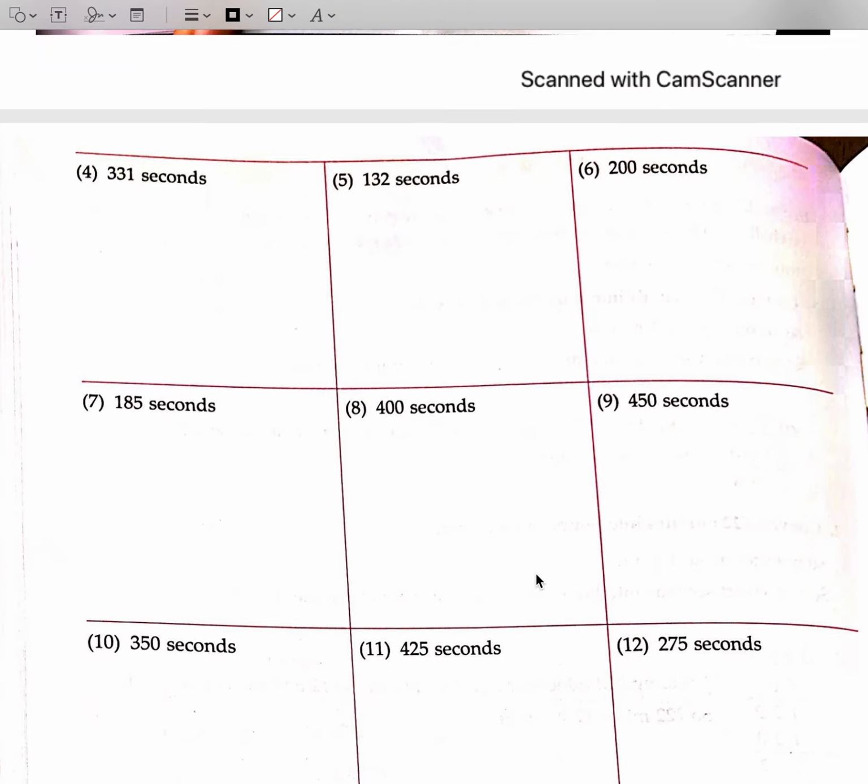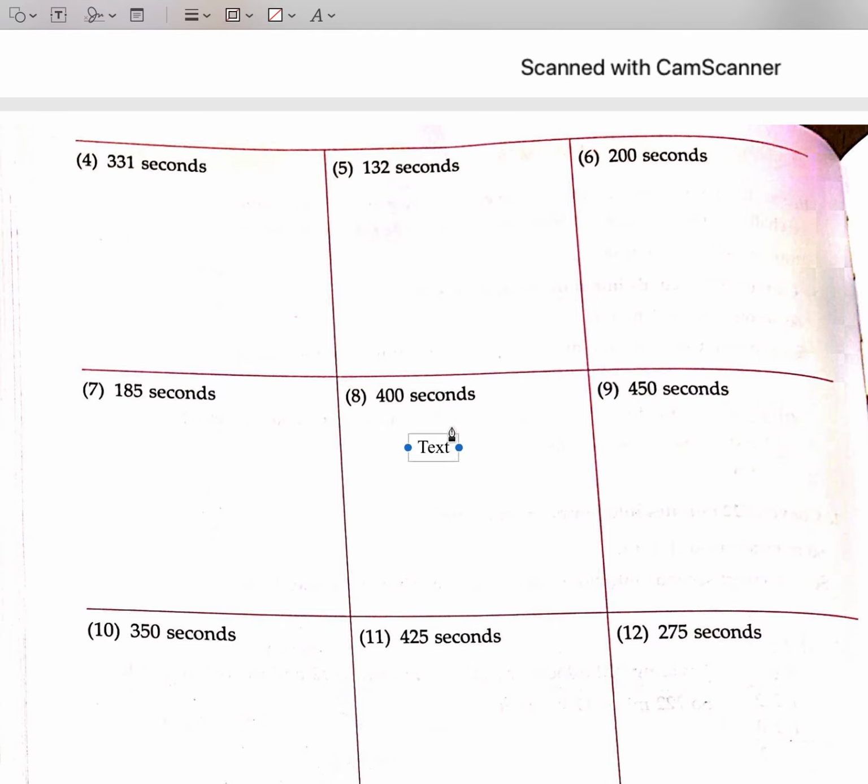Now there are some more examples where I'll do 2 of them. So let's do 185 seconds, 185 and 60. So now 60 into 3 is equal to 180.